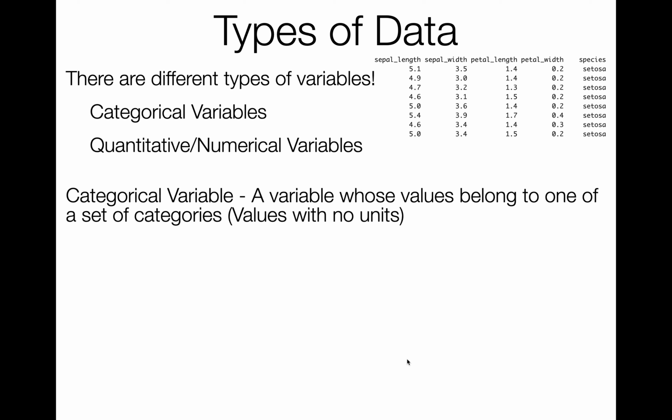They're all measured in centimeters, I believe. I can technically have an iris with any centimeter length sepal or petal, length or width. So technically there are an infinite number of possibilities for those measurements. But for species, I only have 3 categories that an iris could fall into.